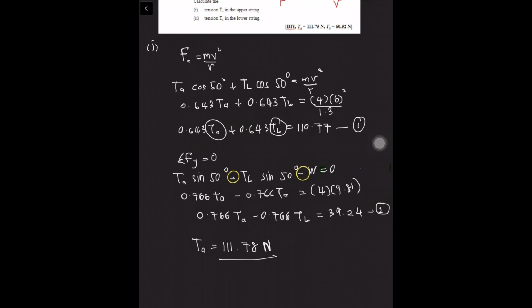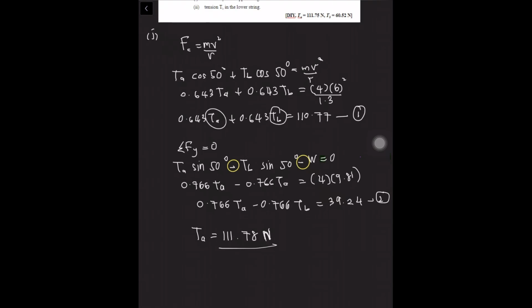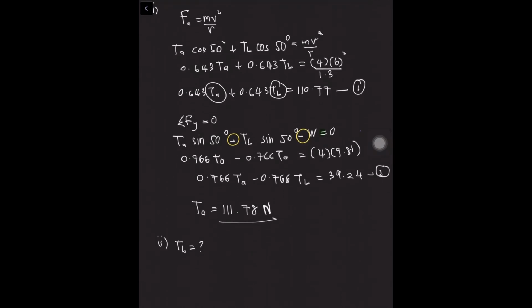For the second question, we want to find T2, sorry, T2 can be TB. What is TB? Since we already have the value of TA, we may substitute the value of TA in either equation 1 or equation 2. It's up to you. Let's say we substitute using the first equation.